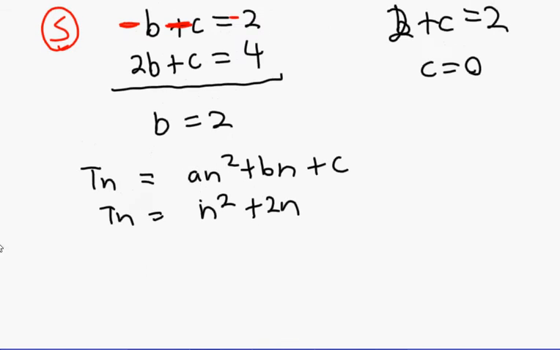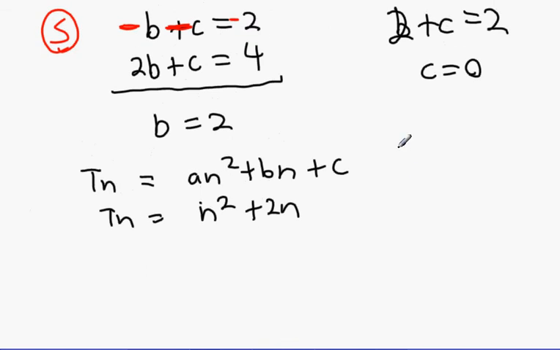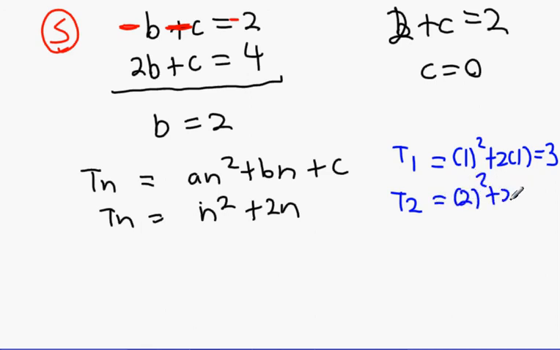Write down what t1 and t2 are. t1 is 1 squared plus 2 times 1, which is 3. Check t2: 2 squared plus 2 times 2 is 8. Does that mean our equation is correct? It does, it checks out.